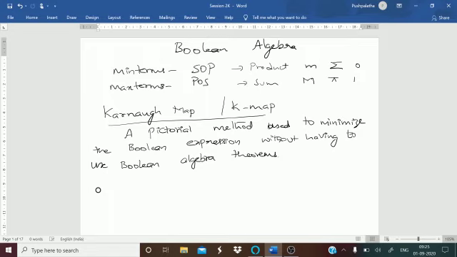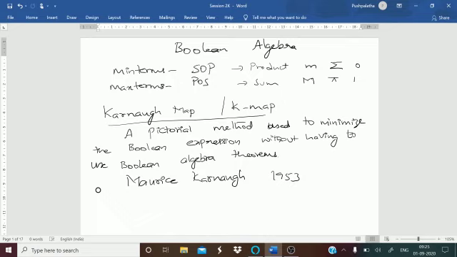It is a special way of using a truth table. This method was introduced by Maurice Karnaugh in the year 1953. And this map reduces the necessity of complex calculations by taking advantage of pattern recognition.